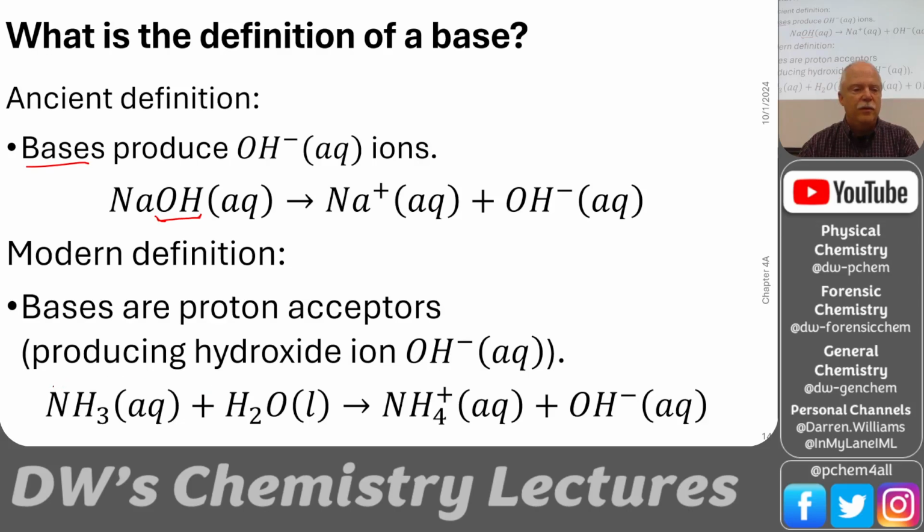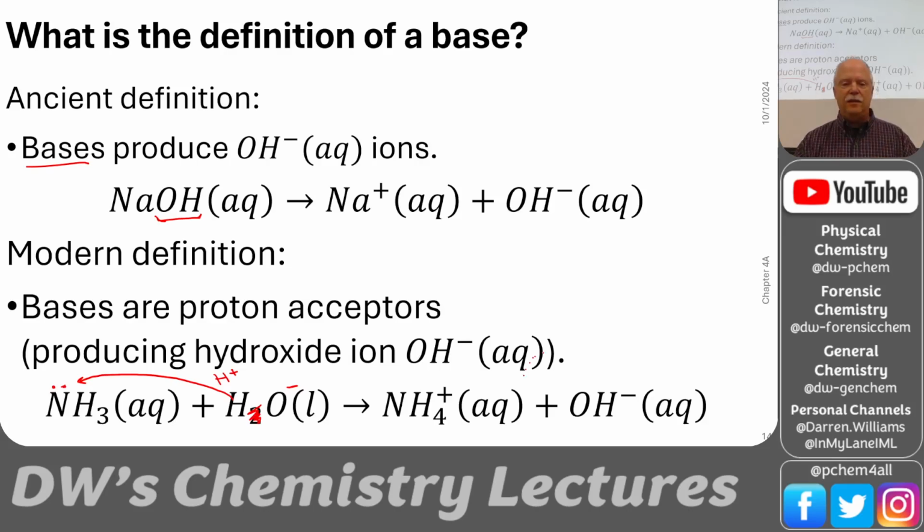So later on, when we start talking about the electrons around nitrogen, we'll see that there's a lone pair here. And we have an H plus come over here and get close to that lone pair. And when the H plus leaves, it leaves behind its electron, and we end up with OH minus.